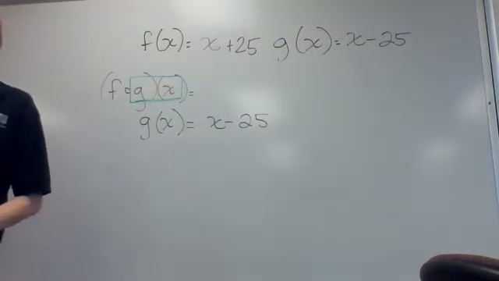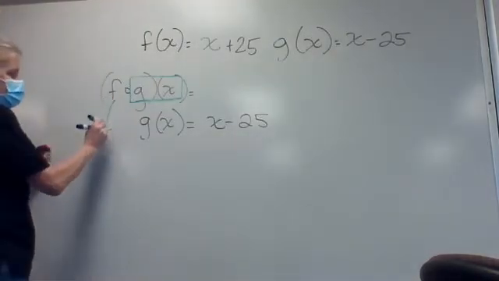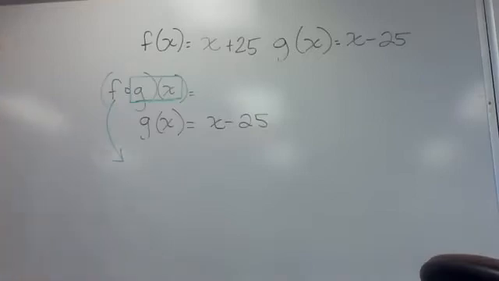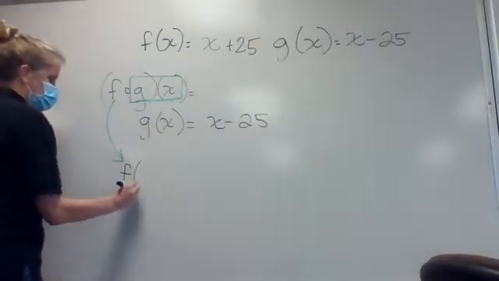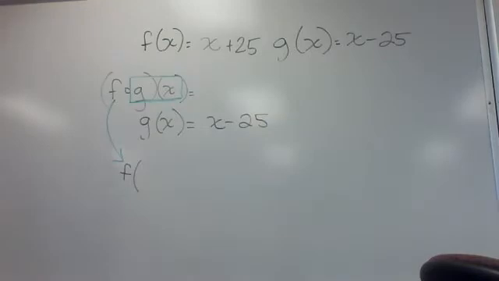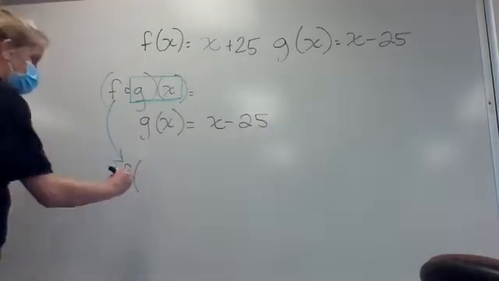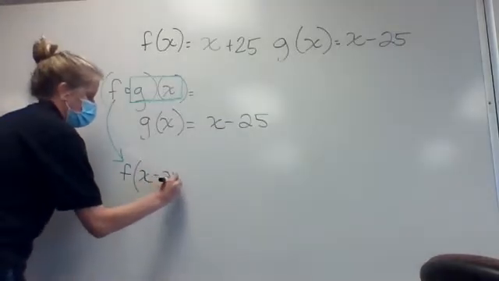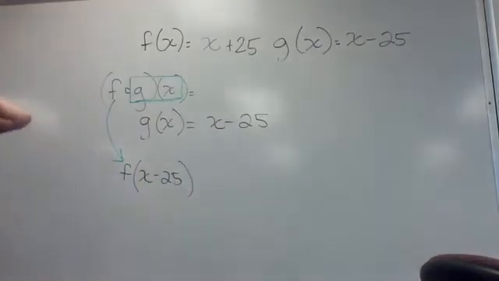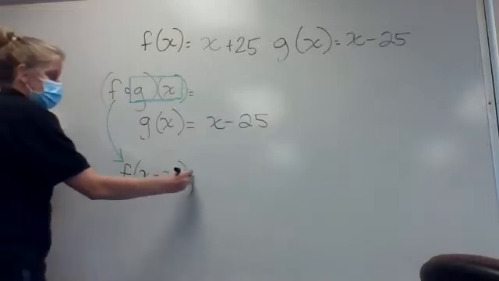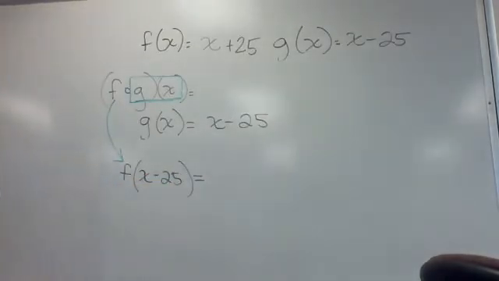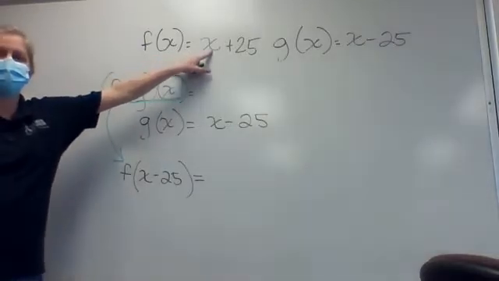So now I go to the next step, which means bring down the f. And what are you finding f of? Your last answer, which is x minus 25. So I go to my f function.